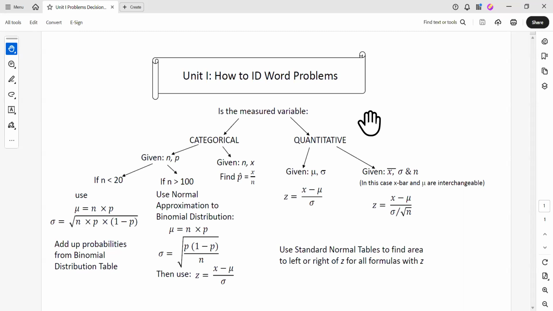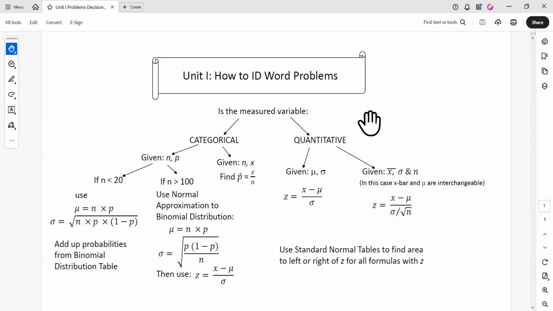We took a sample, and there's a certain number of successes that we have found. All right. So if all you have is the sample size and the number of successes, little x, then you are only able to find the estimate of the proportion, little p hat, which equals little x over little n. All right. Find the proportion.